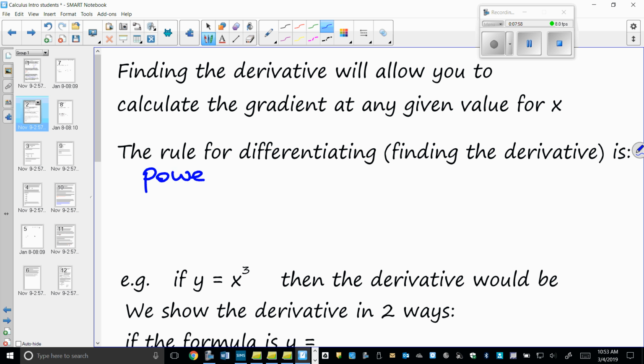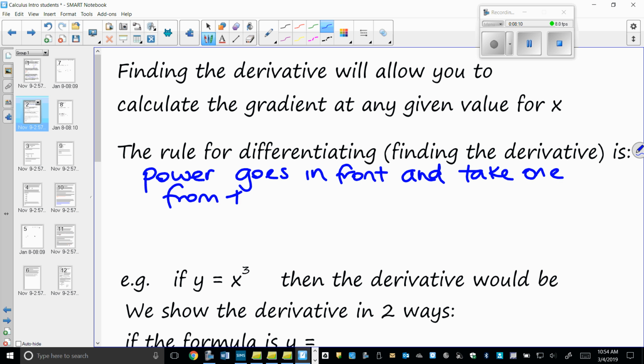Power goes in front and take 1 from the power.